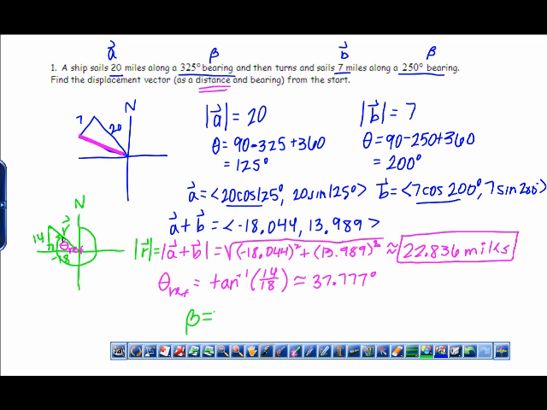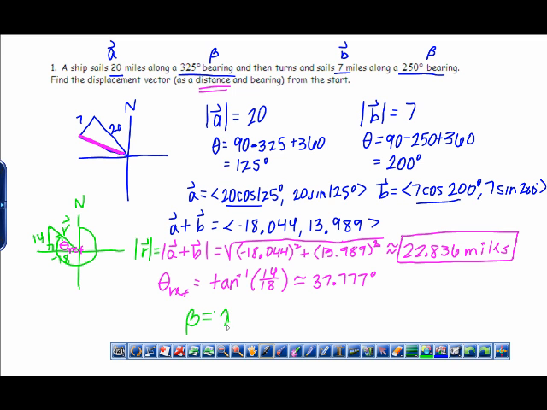So don't think, what's the rule? Just think what makes sense. If I'm starting at north, going clockwise, I'm hitting 3 whole quadrants. So it's 270 degrees. And then I'm also having to go the reference angle. Okay, so what I need to do here is I need to add 270.